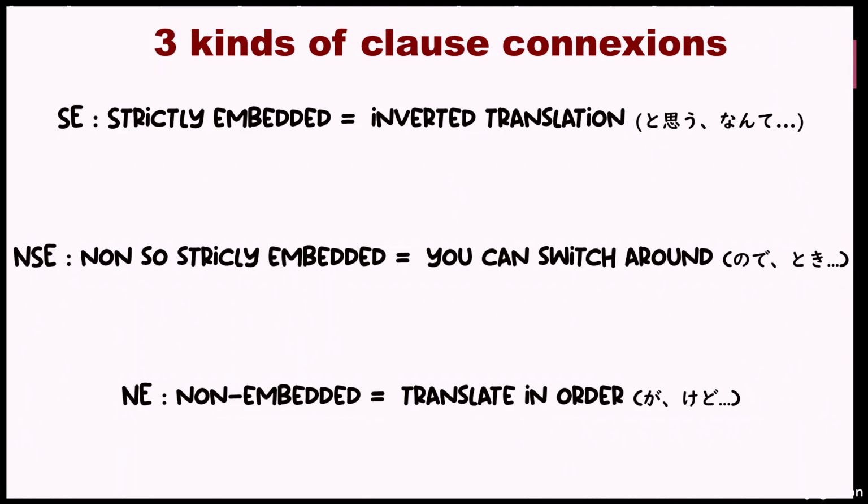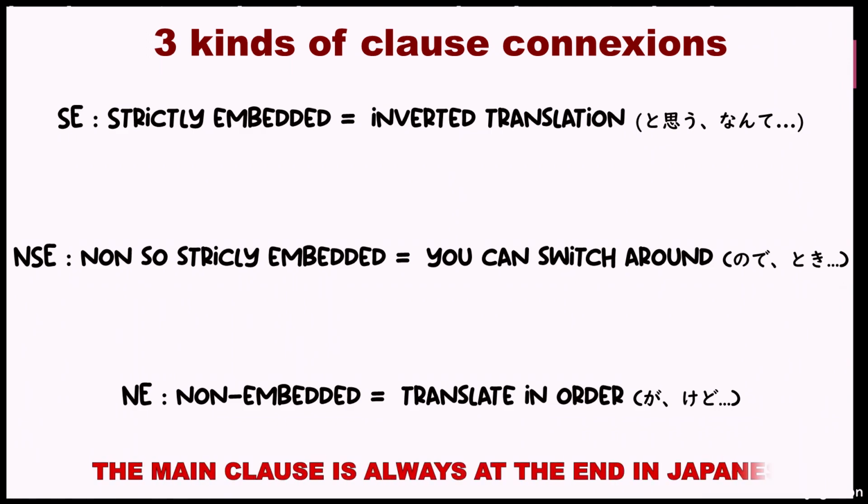And finally, you have not embedded clauses, and for this one, you can translate in order, and you even have to translate in order. So in Japanese, for embedded clauses, so SE and NSE, the main clause is always at the end.